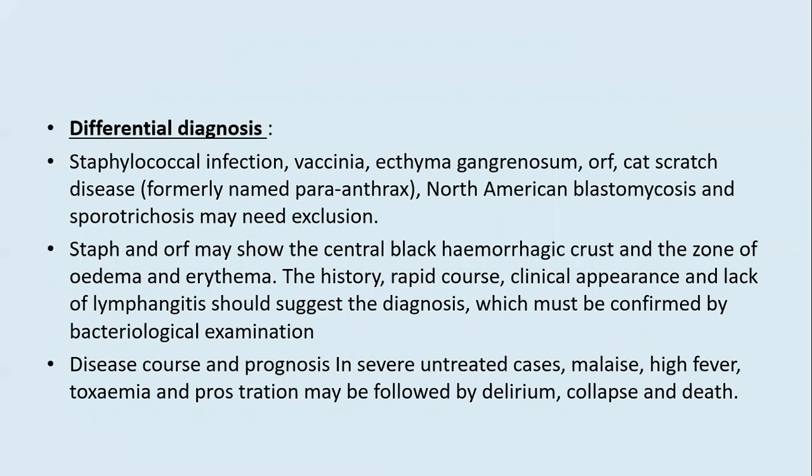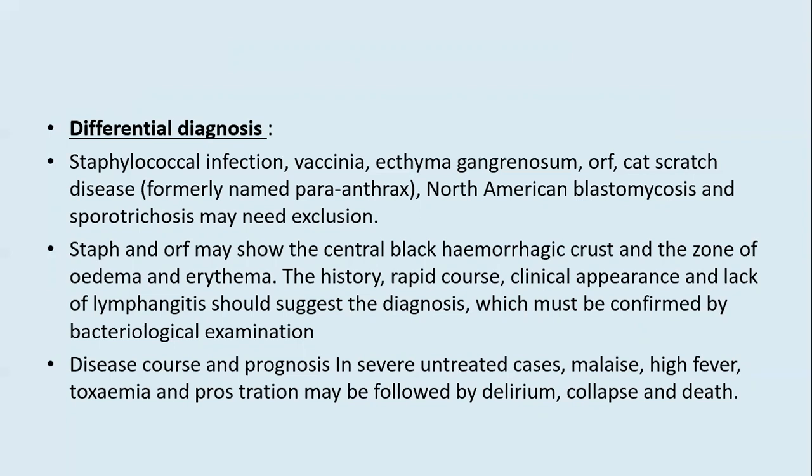Differential diagnosis of cutaneous anthrax includes staphylococcal infection, vaccinia, ecthyma gangrenosum, or cat scratch disease, formerly named para-anthrax, North American blastomycosis, and sporotrichosis. Staph and orf may show a central black hemorrhagic crust and zone of edema and erythema.